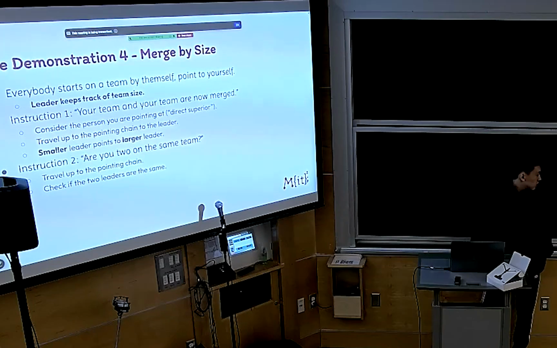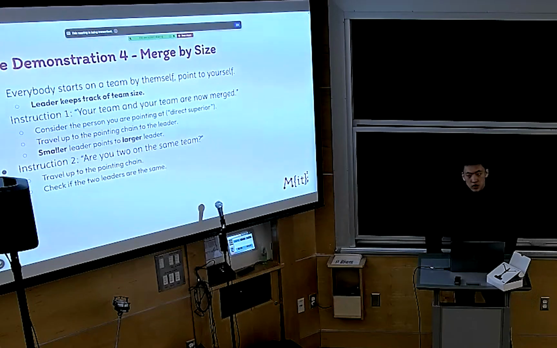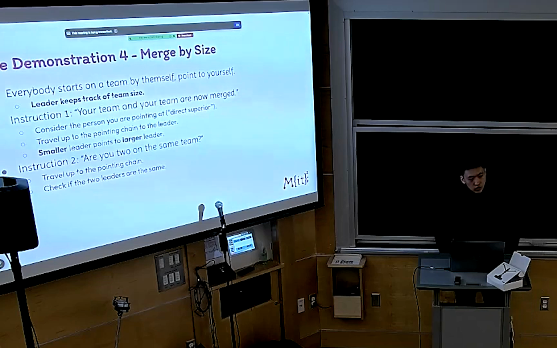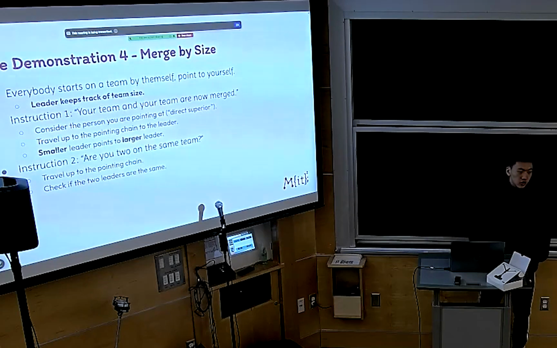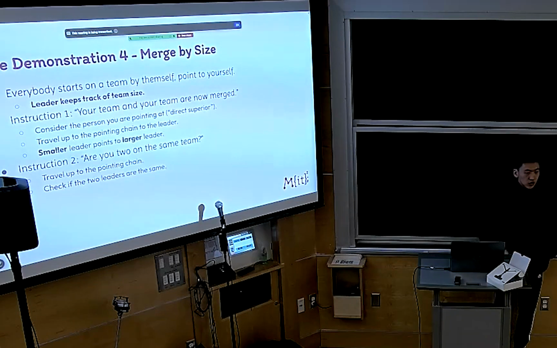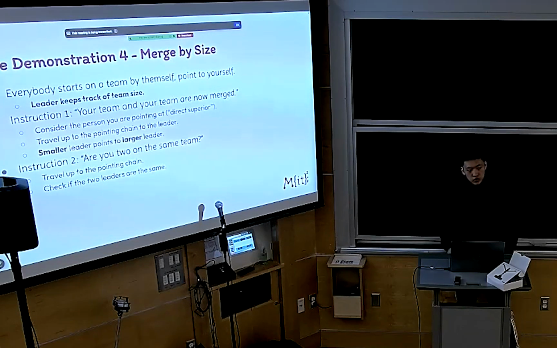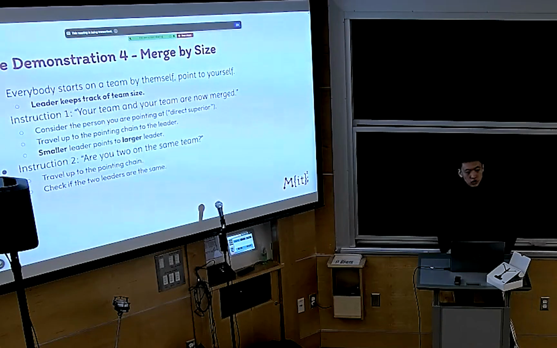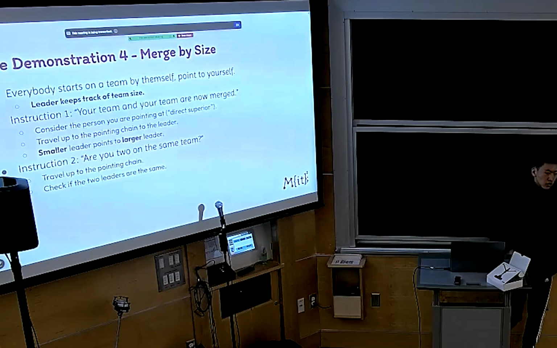And the idea here is this was a bigger group. If we had this much larger group, so let's say you're pointing at him and then he's pointing up here. Now it gets even worse if you were to point to her, because now all the way back at the back of the chain, you'd have to go all the way up here, and your distance is increased by 1.